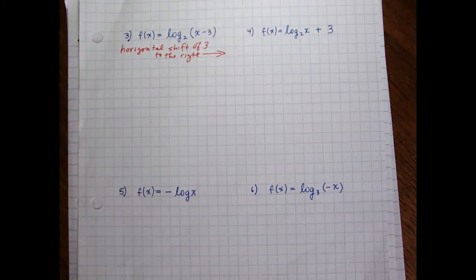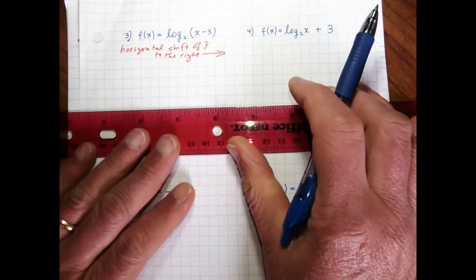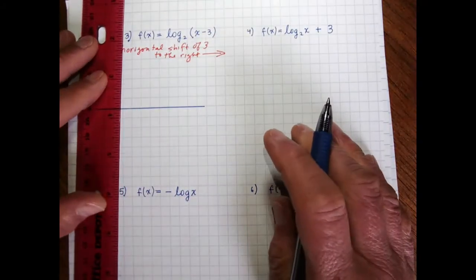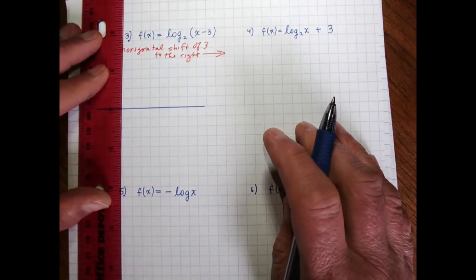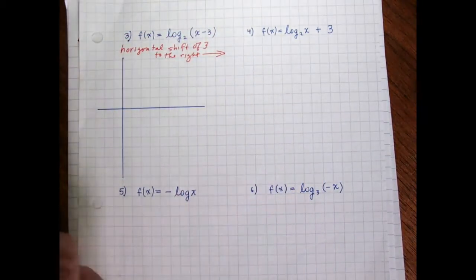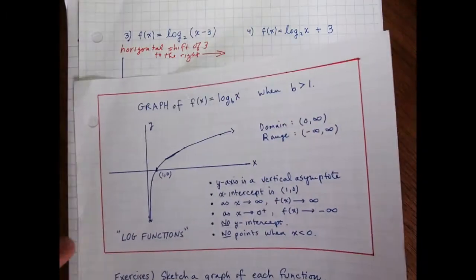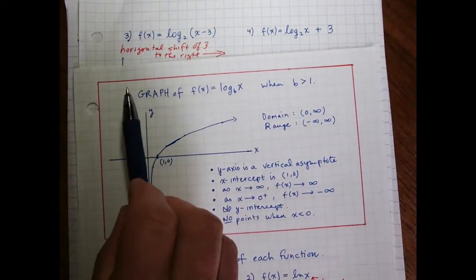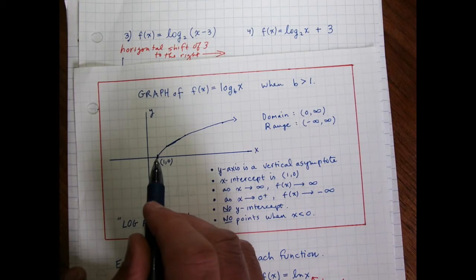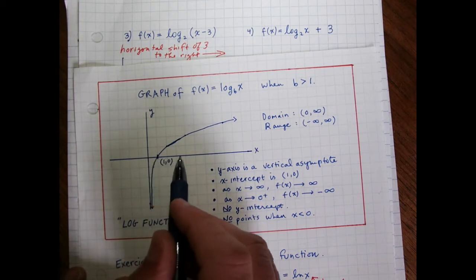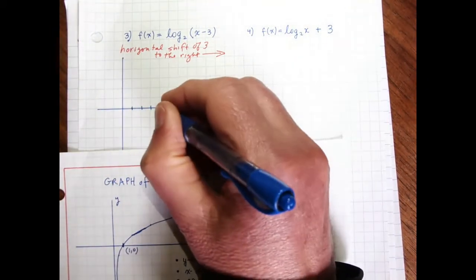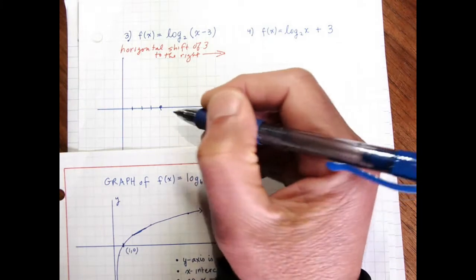So let's think about how that would affect our graph. If we think back to our general shape, if we shift the whole graph 3 units to the right, this point at 1, 0 is going to move over to 2, 3, 4, 0, right? The point at 1, 0 will now be right there.